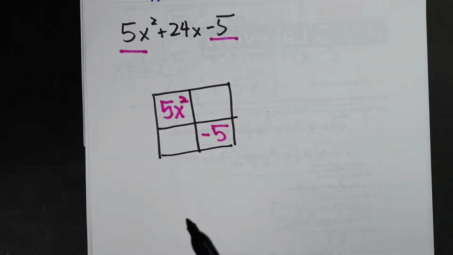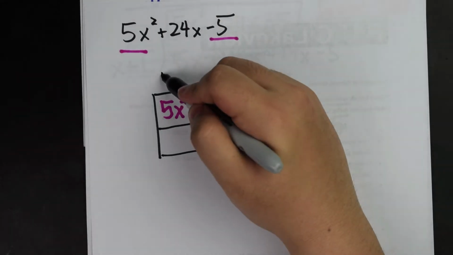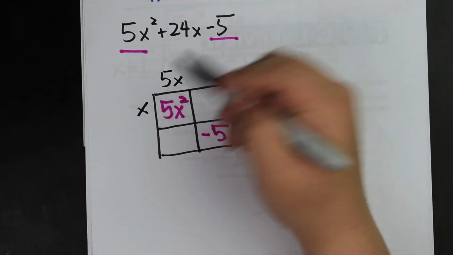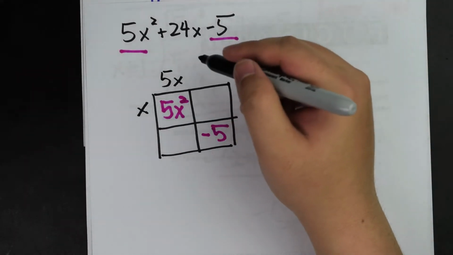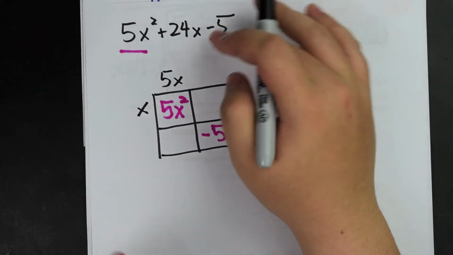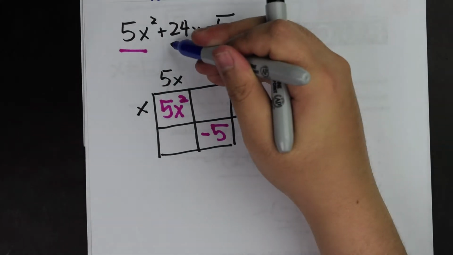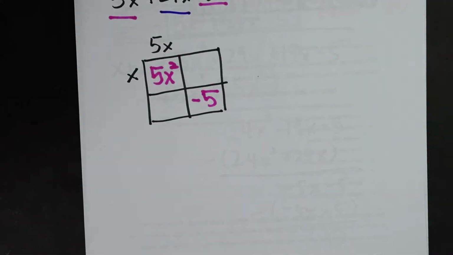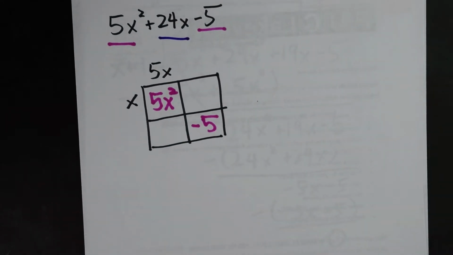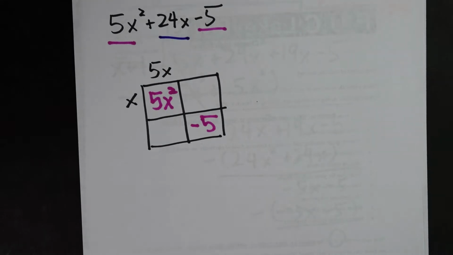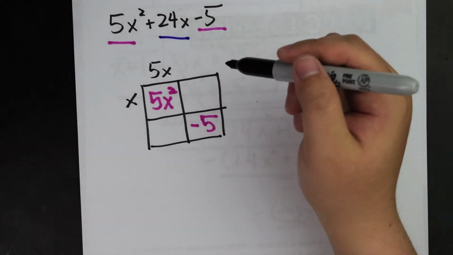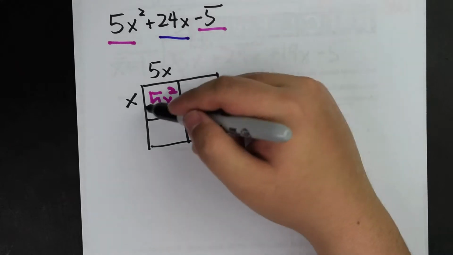And so I know right off that this is going to be 5x and x, so it's going to be x squared and whatever. I also know that my goal is to try to find the multiples that these two will add up to 24. So that's my end goal right here. And so I need to think about how I'm going to go about doing that. Well, if I put 5 here, this will be 5.